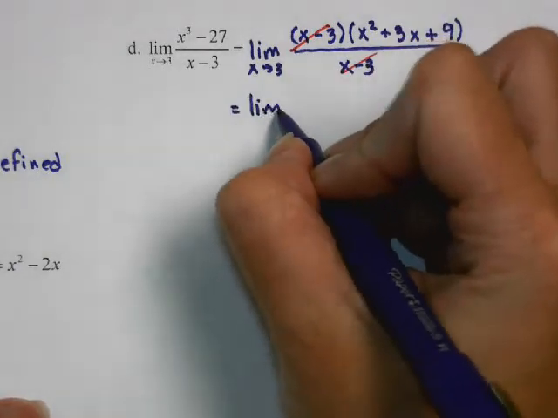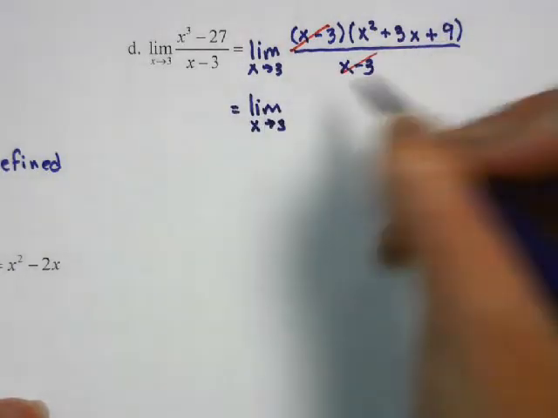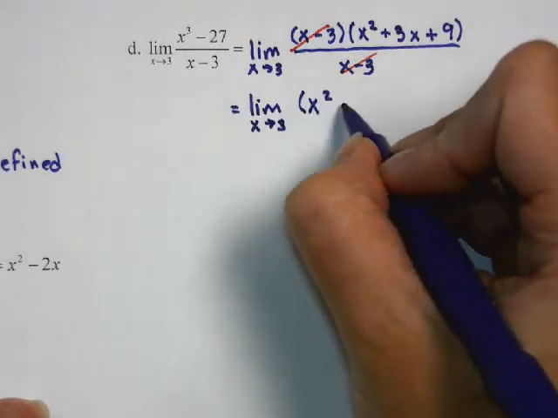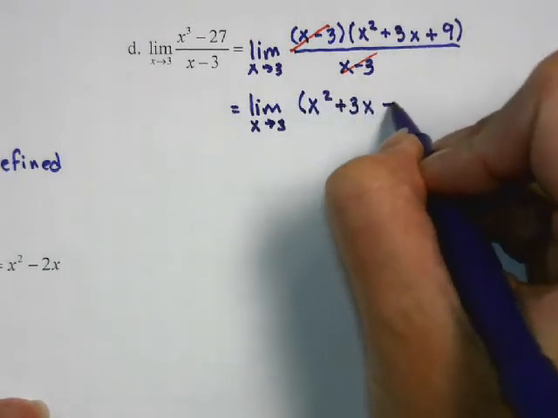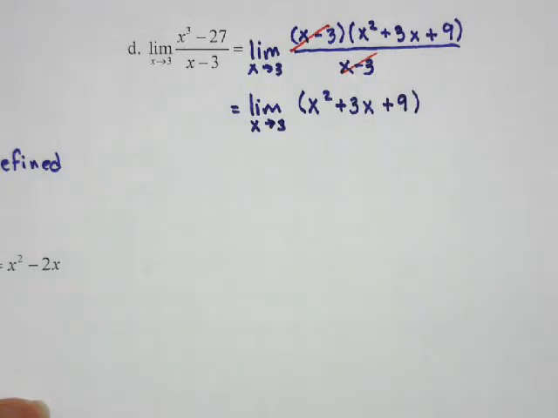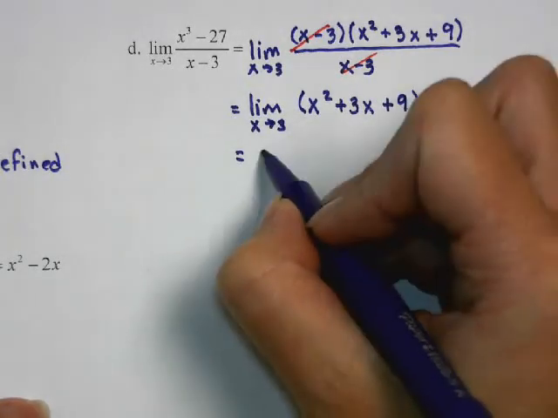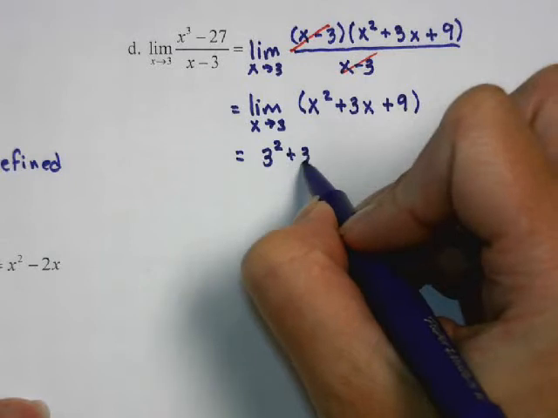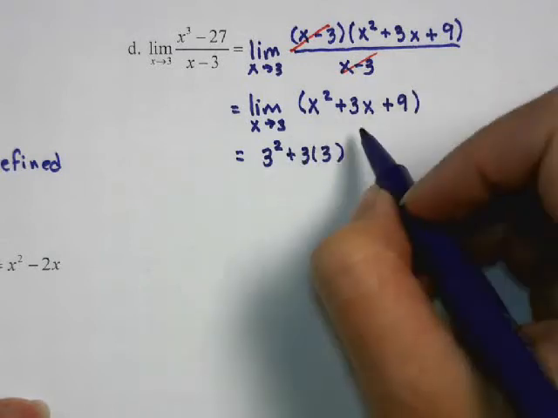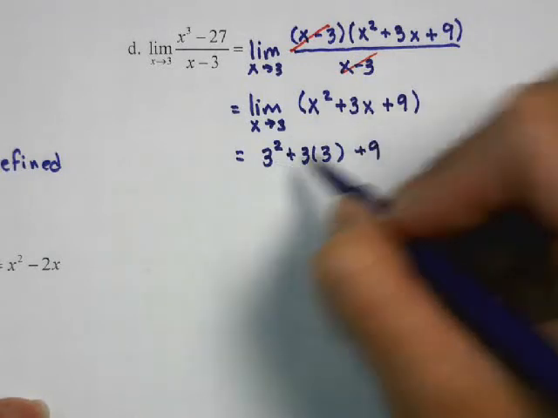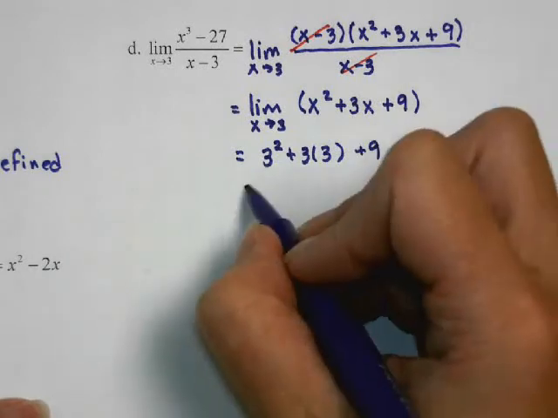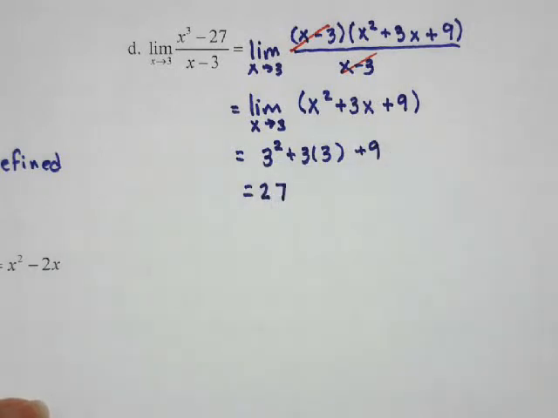We're left with the limit as x goes to 3 of x squared plus 3x plus 9. We will plug in 3, so 3 squared plus 3 times 3 plus 9. That's going to be 9 plus 9 plus 9, which is 27.